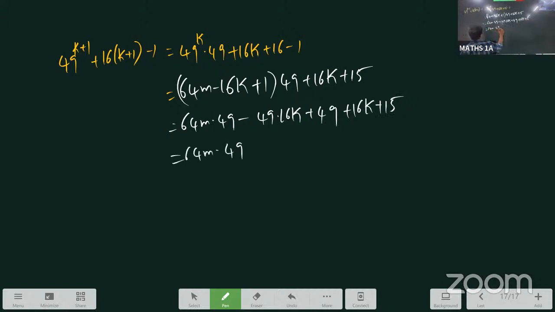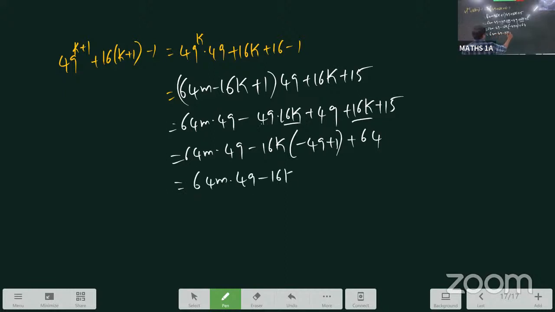Right. Now 64m into 49 minus 49 into 16k, and here plus 16k, correct? So what am I going to get there? 16k common: minus 49 plus 1, that is minus 48, plus 64. That is 64m into 49 minus 16k into 48 plus 64.